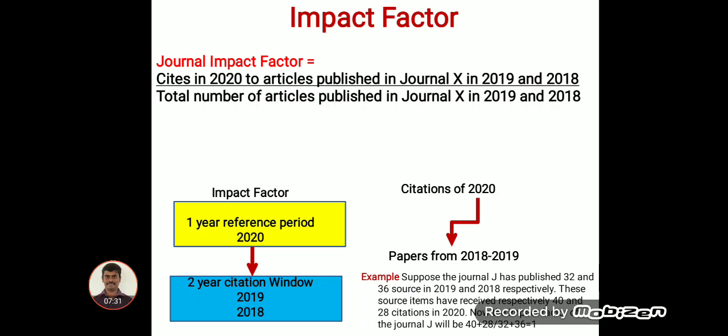The journal impact factor of a current year, for example 2020, is calculated using the formula: citations in 2020 to the articles published in a particular journal in the previous 2 years, that is 2019 and 2018, divided by the total number of articles published in that particular journal in 2019 and 2018. So this is how the journal impact factor is calculated.